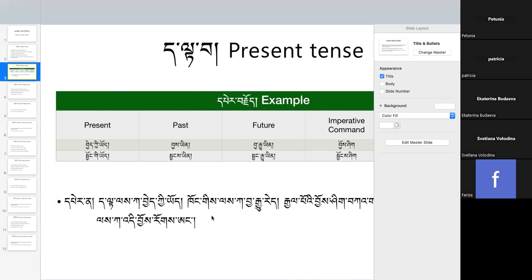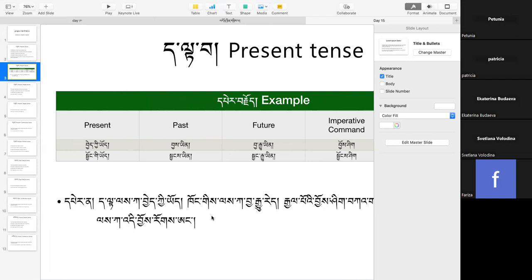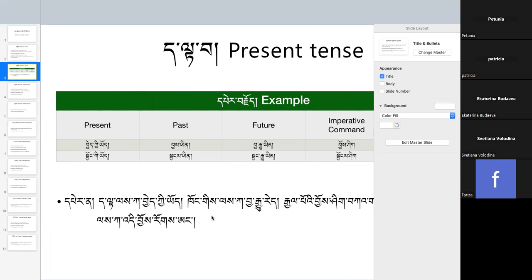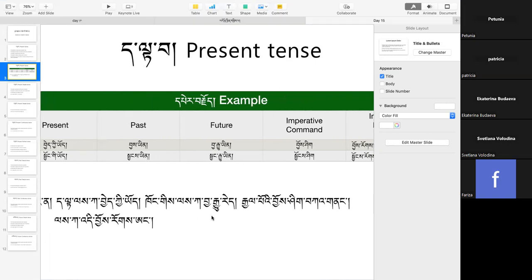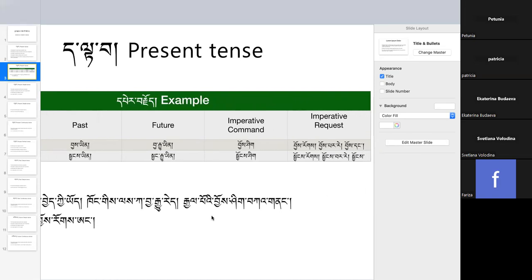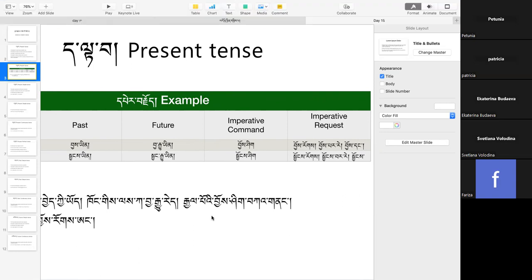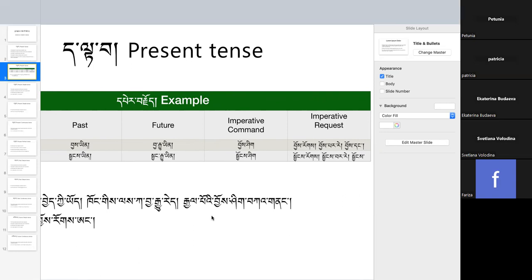Then zhong, which means to learn. Zhong qi yue. Zhang yin, which is the past. Zheng gyu yin, which is the future. Zhong shik, imperative. Zhong ro, zhong war re, and zhong. Zhong ro means requesting someone to study.